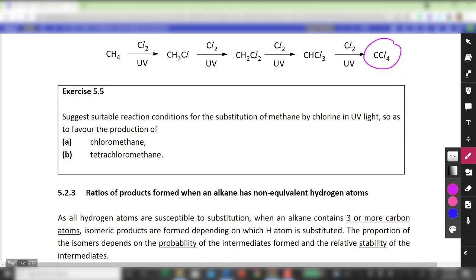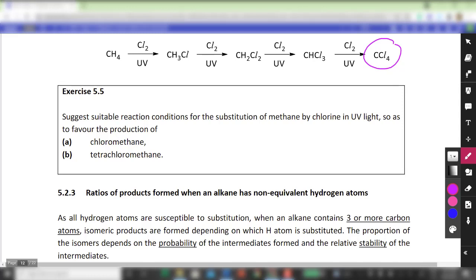You were asked to suggest suitable reaction conditions for the substitution of methane by chlorine in UV light, so as to favor the production of chloromethane. If I want to favor production of chloromethane, then it makes sense to use a limited amount of chlorine, or otherwise we can say we use excess methane in our reaction.